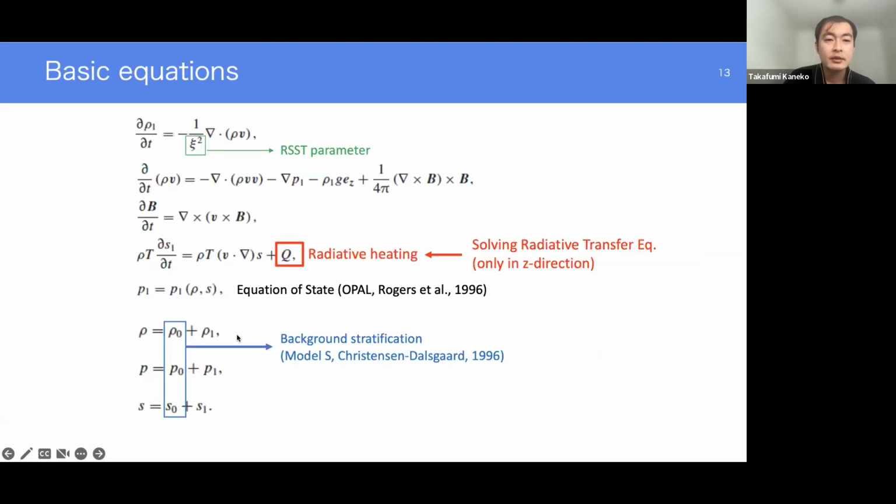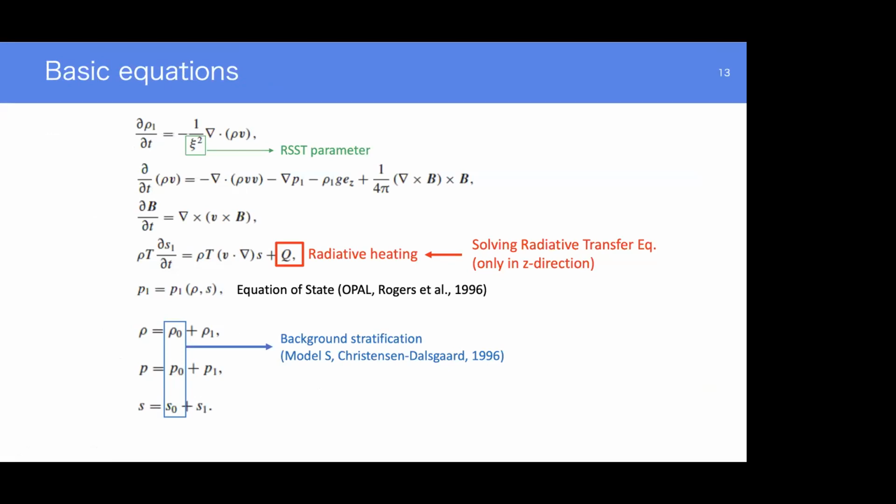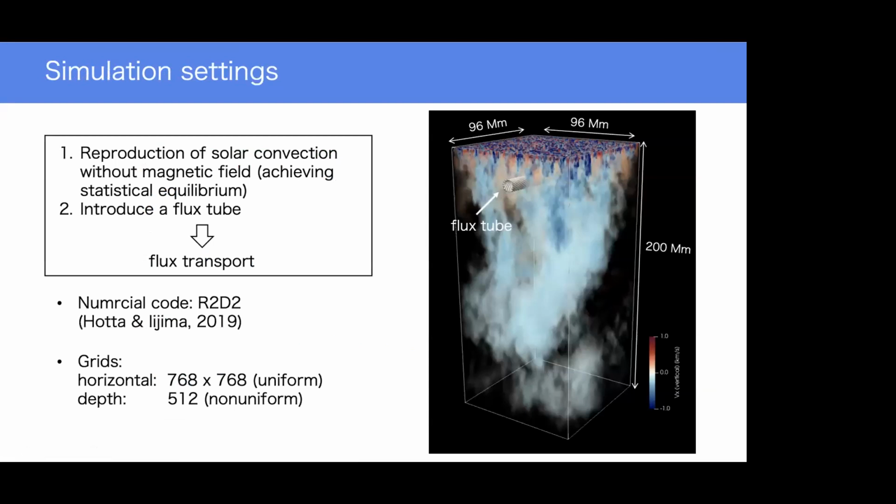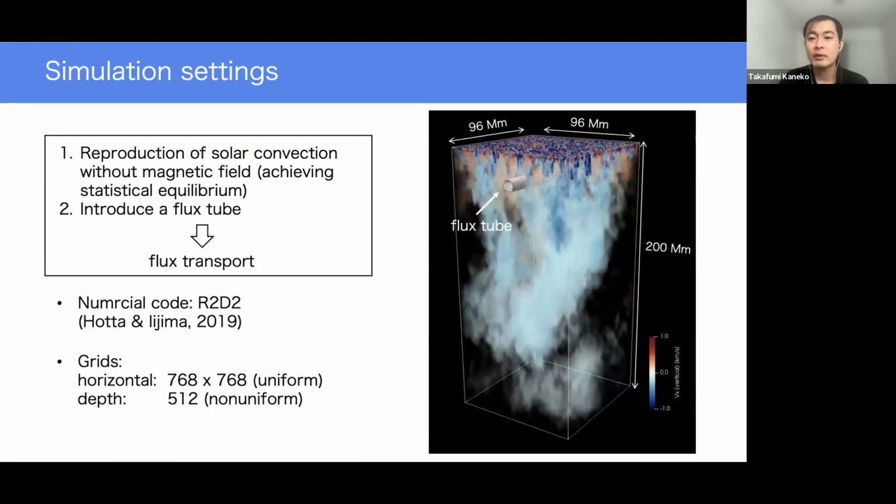Is your flux tube always horizontal, or sometimes vertical? This is always horizontal. The main axis is always horizontal and always in the same direction.